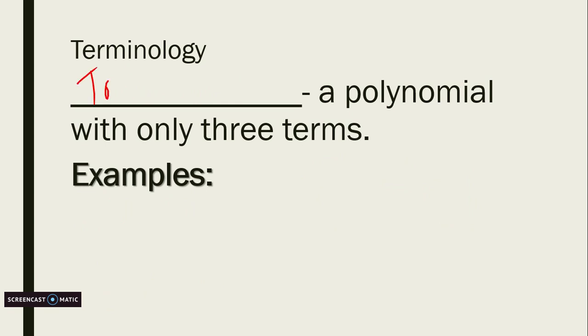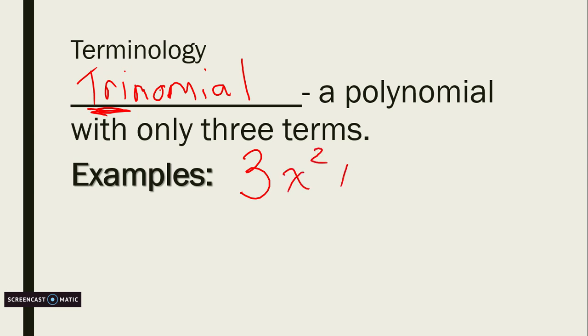Similarly, trinomial. Tri means three. Trinomial. And since tri means three, a trinomial is going to have three terms. So typically you're going to see it with an x squared, an x, and a constant term. That's your most common trinomial.